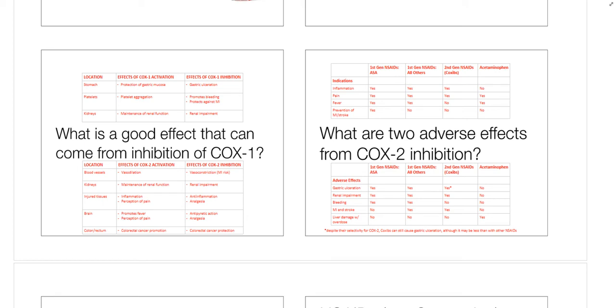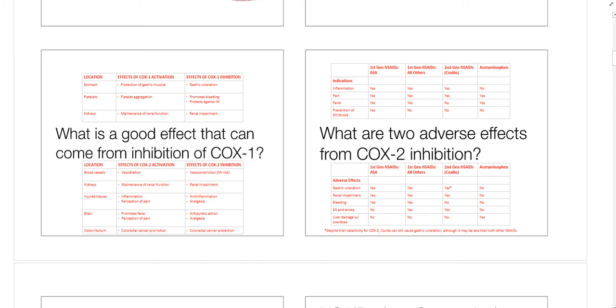If we block COX-2, that means that what normally was vasodilation now becomes vasoconstriction, which poses as a myocardial infarction risk. And as with COX-1 up here, blocking COX-2 will impede on renal function, causing renal impairment.